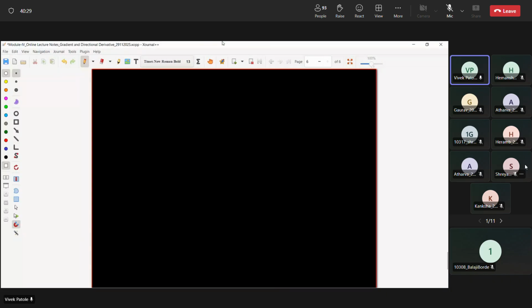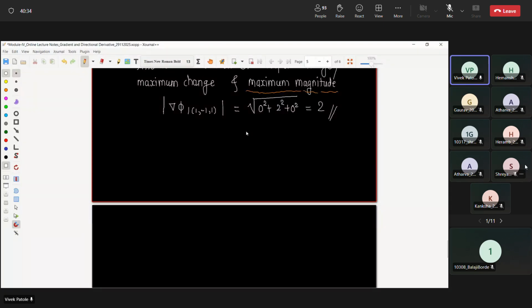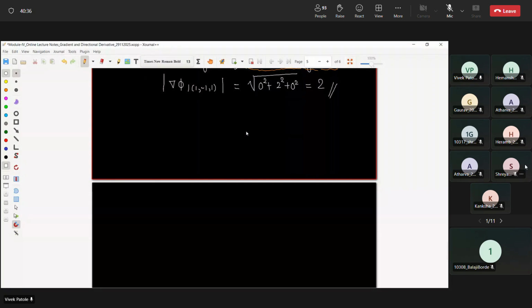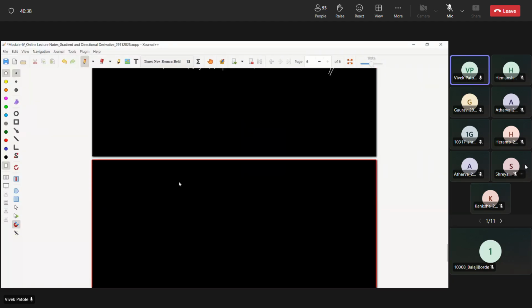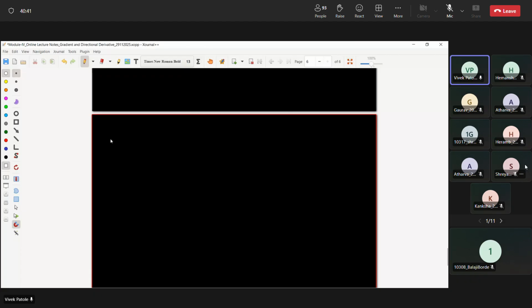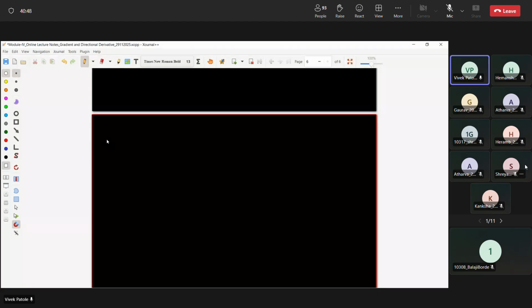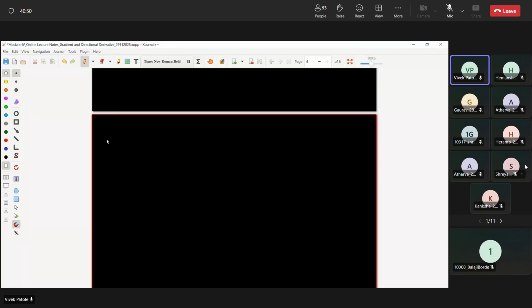So this way, we are going to evaluate the gradient of the function phi. Now, I will give you another example based on the gradient. See, if we have two surfaces and we want to find the angle between those two surfaces at a given point, then how it will be evaluated, that we are going to see.